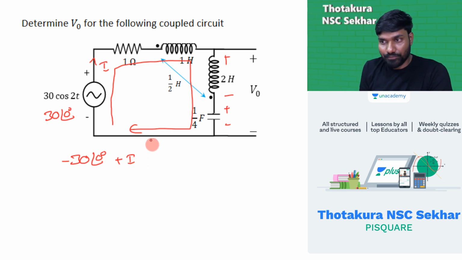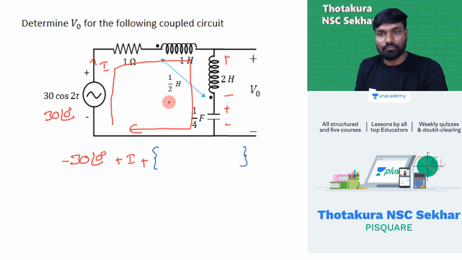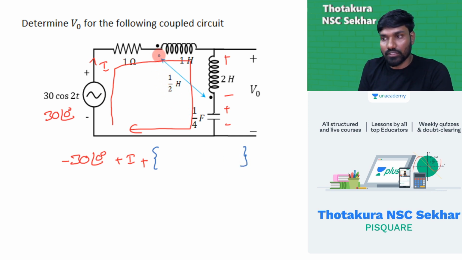Here is the point, careful: plus, I'll be writing this part. This will be the voltage across this, let me write it as V1. Voltage across this, let me write it as V1. So plus V1.